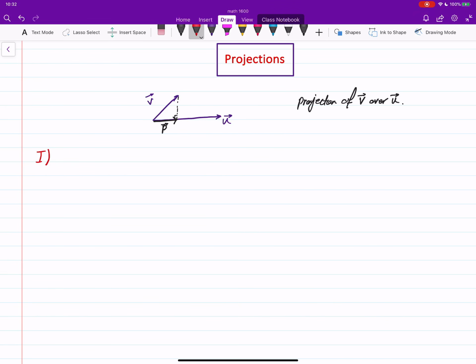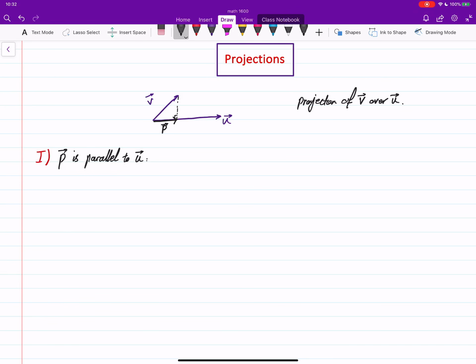First of all, the vector p is going to be parallel to u. That's the first point we have to notice. Why? Because the projection is on u.